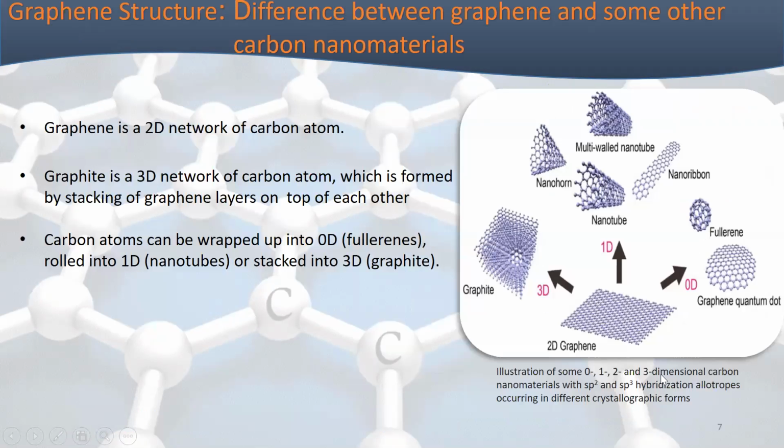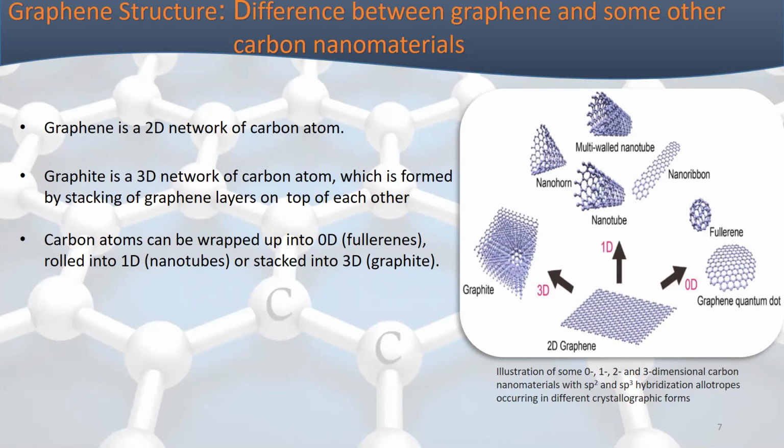Now let's move to see what is the difference between graphene and some other carbon nanomaterials. As mentioned, these carbon atoms are bound within the plane by strong bonds into a honeycomb array comprised of 6-membered rings. By stacking these layers on top of each other, the well-known 3-dimensional graphite crystal is formed.